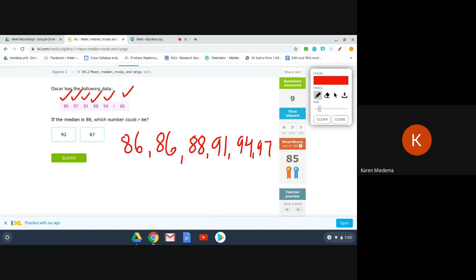So what I'm going to actually do is I'm going to substitute in these numbers to see which one would make the median 88. So if I were to do that for the 92, my data set would look like this. 86, 86, 88, 91. And again, I'm just copying this data set that I have here. But now I'm thinking, all right, if R is 92, let me put in 92 next, because 92 is less than 94.